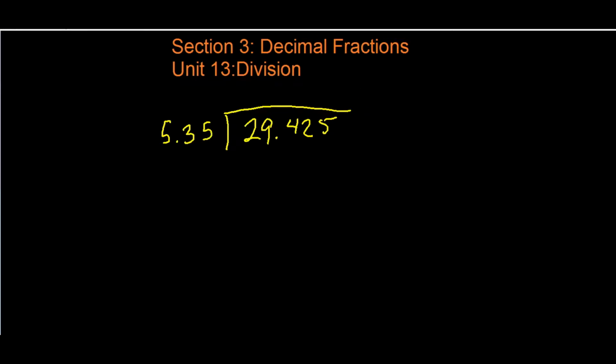Now, I want to express to you the importance of understanding what these different things are called. The number that you're dividing, this 29.425, is known as the dividend. The number that you're dividing your dividend by is known as the divisor.